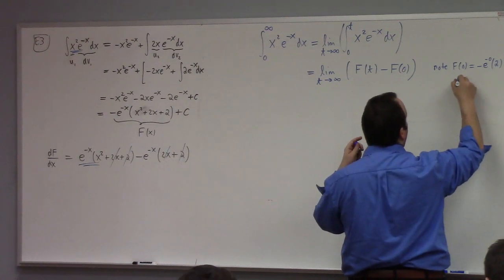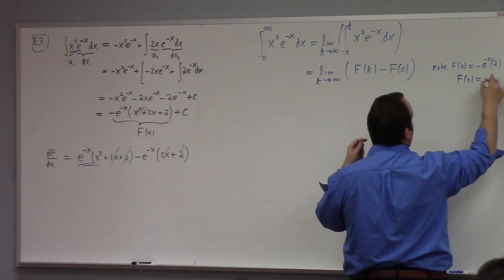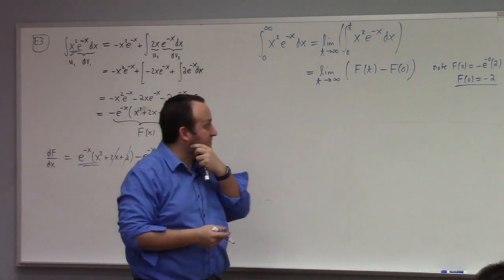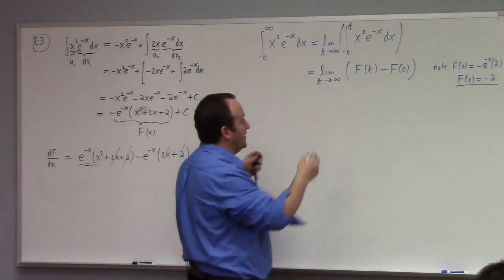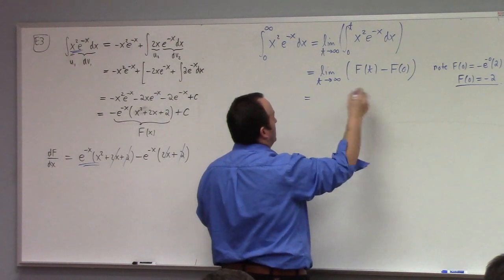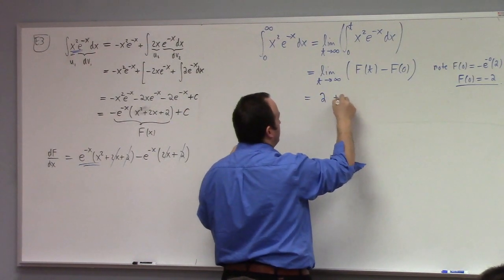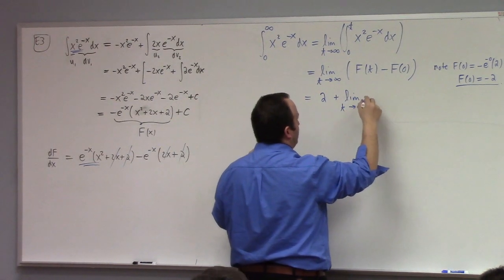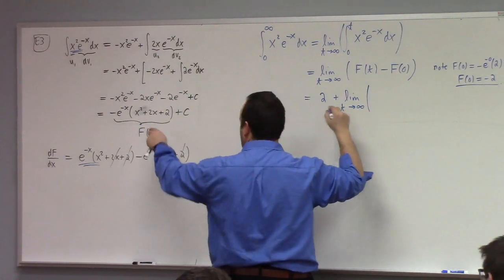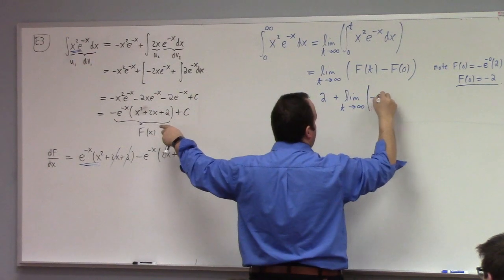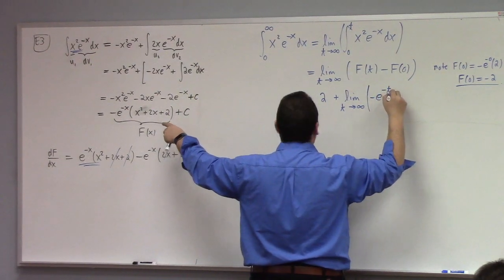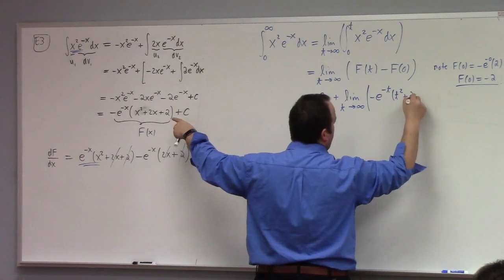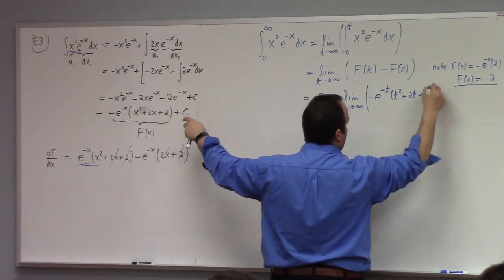Right? f of 0 is just minus 2, so minus f of 0 is plus 2. So we can rewrite this as 2 plus the limit as t goes to infinity of f of t, which is what? Minus e to the minus t times t squared plus 2t plus 2.